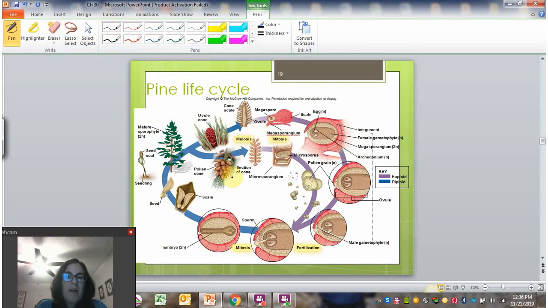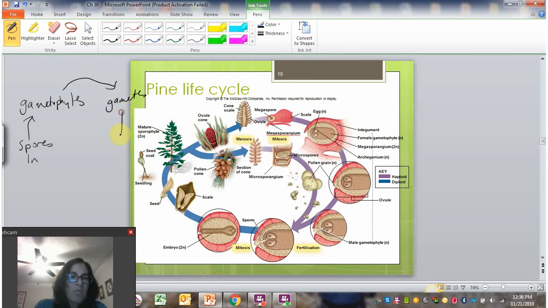So here's our pine life cycle. Again, these life cycles can be so overwhelming, so I want to remind you that we have spores that are haploid. Haploid spores go through mitosis and produce gametophytes. Gametophytes will mature gametes. Gametes will have fertilization, so egg and sperm will fertilize.